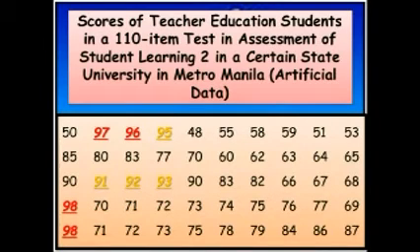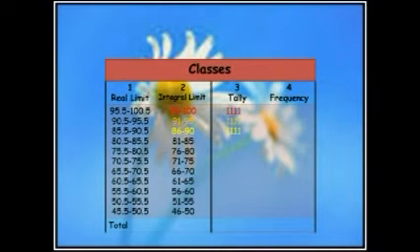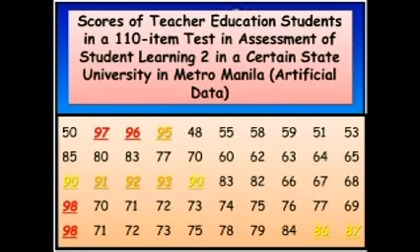Let's find now the students who got a score of 86 to 90. How many students got a score of 86 to 90? Correct. We also have 4 students who got 86 to 90. They are 86, 87, 90, and 90. The process is the same until the bottom.